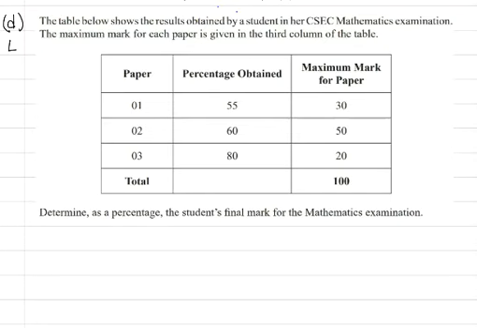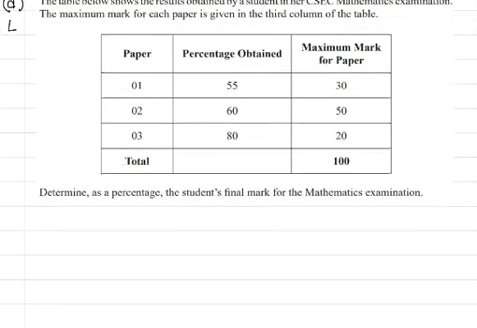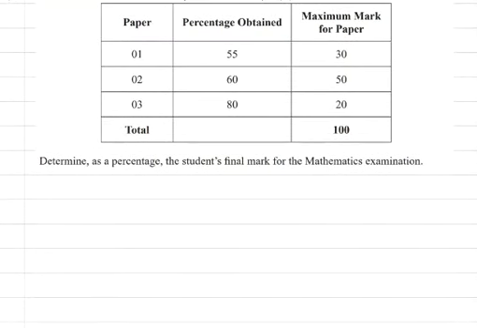All right. So what I'm going to do is find the actual mark that the person got for each paper. So paper 1 is marked out of 30. So we're trying to find the marks. For paper 1, the marks would be equal to 55% of 30. 55% as a decimal is 0.55. 55%, a percentage, is a fraction with a denominator of 100.